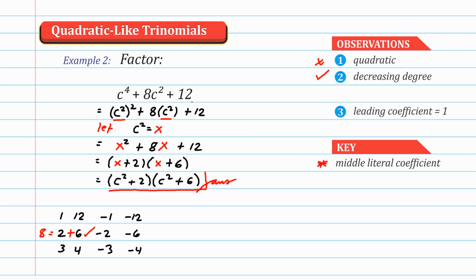Now, let's try to check just to be sure. Are you sure, sir, that this is the answer? Let's check. How do we check again? By using the FOIL method. Okay, let's try. First terms, c squared times c squared is c to the 4th. Plus, outer terms, c squared times 6 is 6c squared.